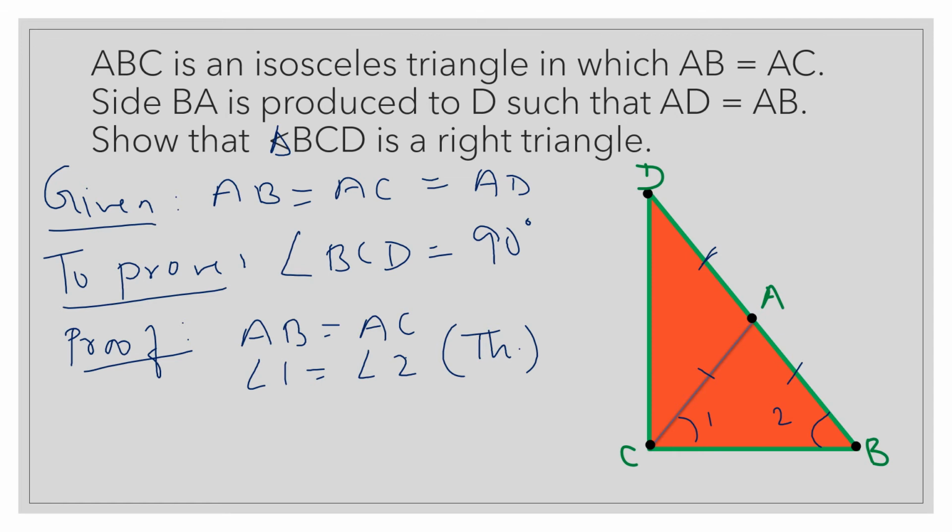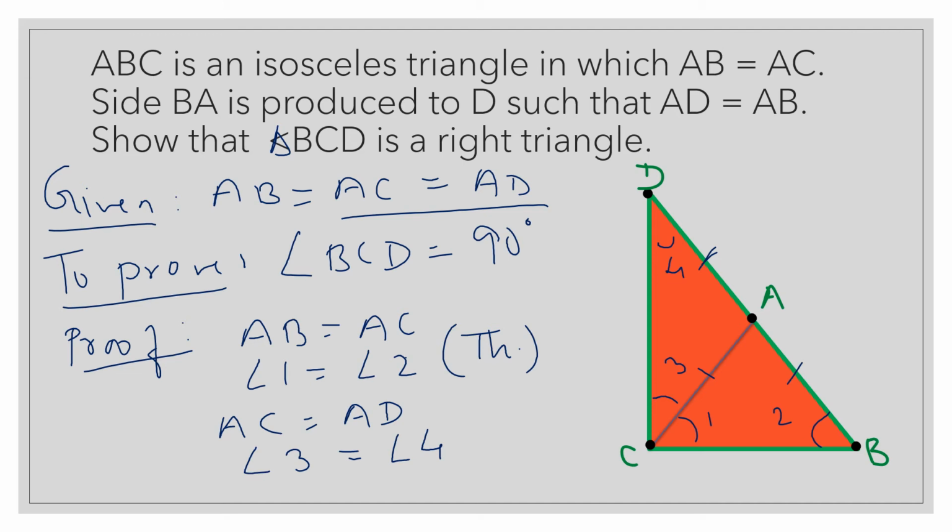Now, mark this angle ACD by 3 and angle ADC by angle 4. Now again, since AB is equal to AC and AD is equal to AB, can you write down AC is equal to AD from the given? So, by the same theorem, 3 is equal to 4. Angles opposite to equal sides are equal.